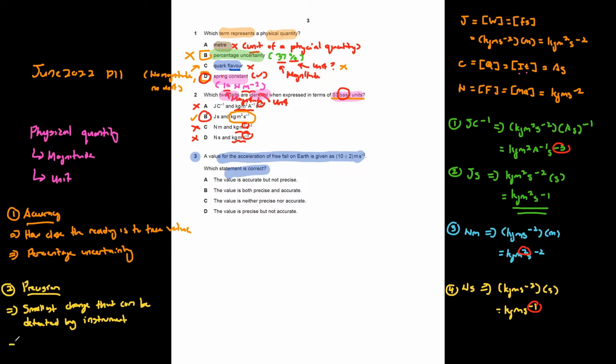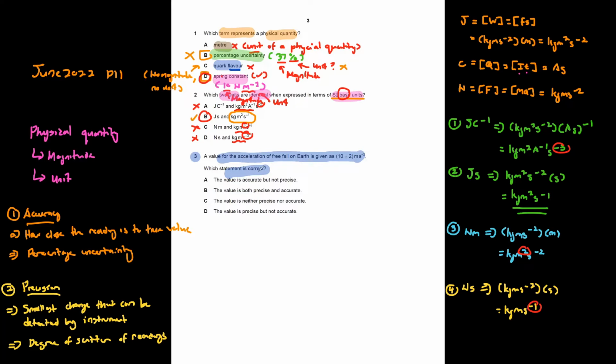And then the second one is degree of scatter of readings. Okay, so accuracy and precision each have two different meanings here.